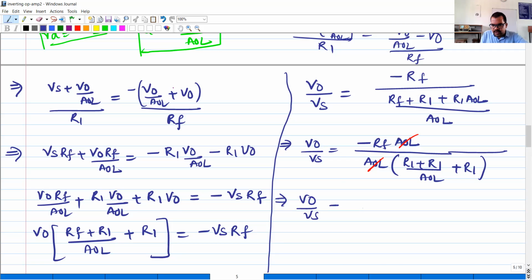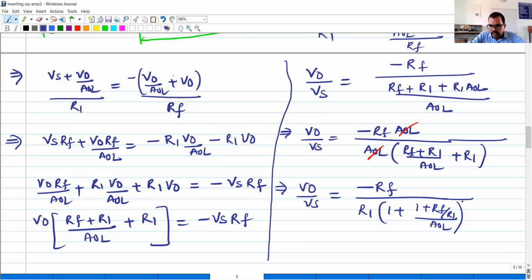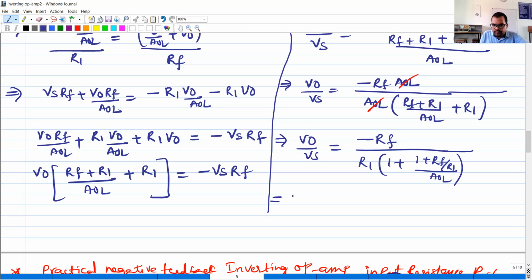V0 by Vs is equal to minus RF by, here also I want to make the common of R1. 1 plus RF by R1 by AOL, right? So finally V0 by Vs is equal to minus RF by R1 divided by 1 plus RF by R1 by AOL.